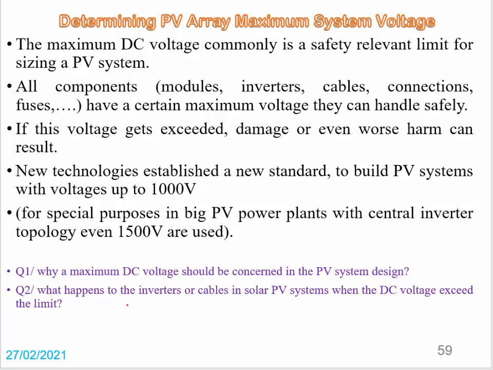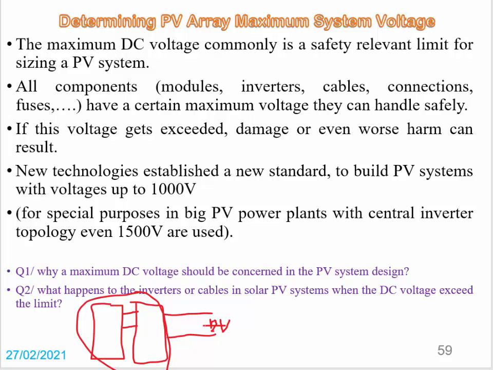So, for example, if we have a solar string, it consists of a number of solar panels. Then the output voltage of this whole string, the DC voltage, V DC, will equal a value, any value.